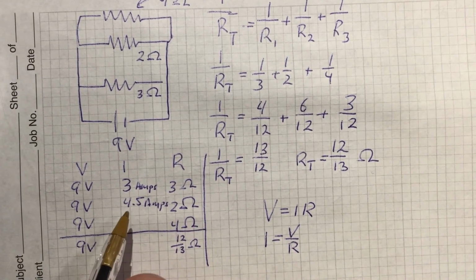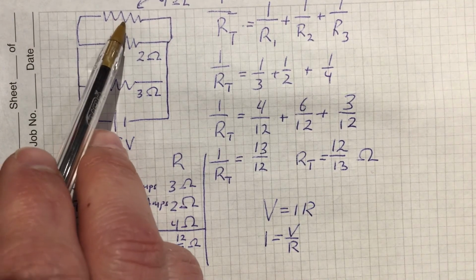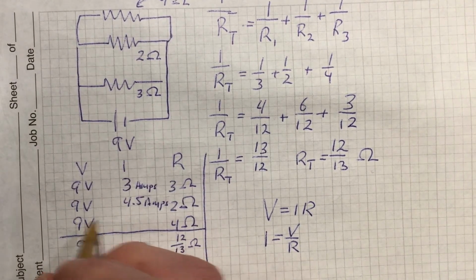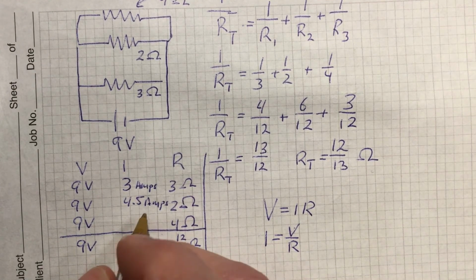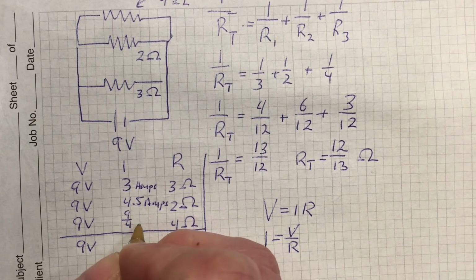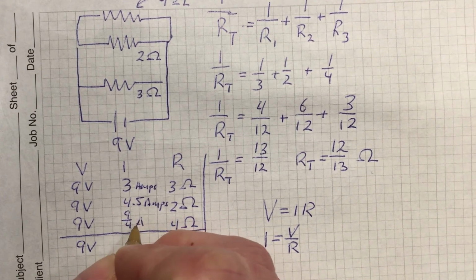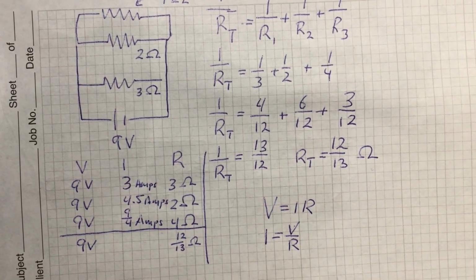Now, in this last case, we should see the least amount of current flowing through our most resistant path. So 9 divided by our resistance here, which is 4. 9 divided by 4, well, we're just going to write that as 9/4 amps. You could obviously plug this into your calculator and get a fraction.